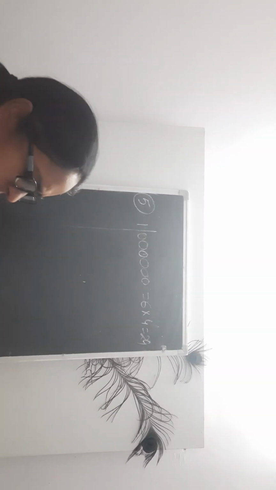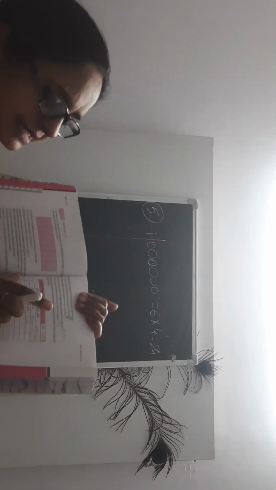So it means how many girls they are showing? 6 into 4, so it is 24. Why are we multiplying with 4? Because they have shown that one picture represents 4 girls. So that is the reason we are multiplying the number of pictures with 4.